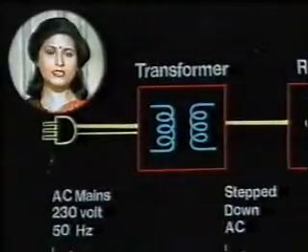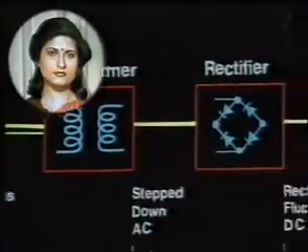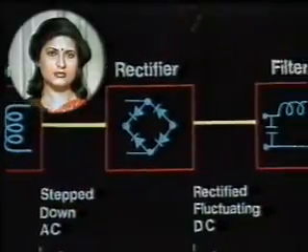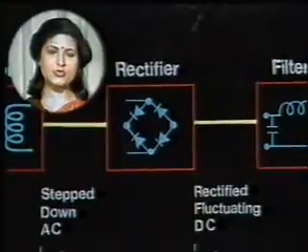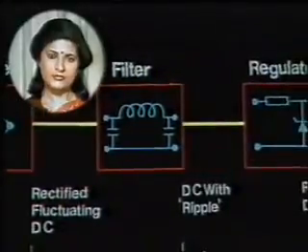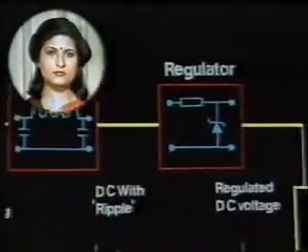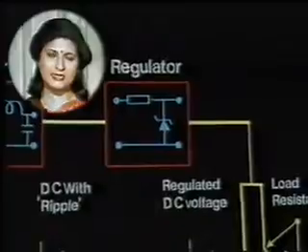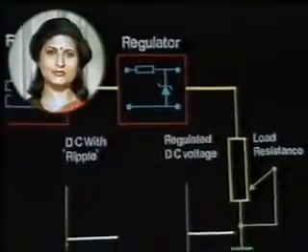Transformer normally steps down the mains voltage. Rectifier converts AC voltage to unidirectional voltage. Filter removes pulsations. Regulator maintains constant output voltage.